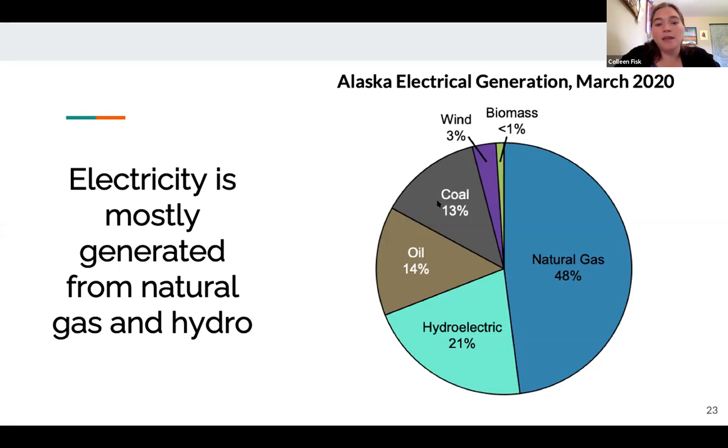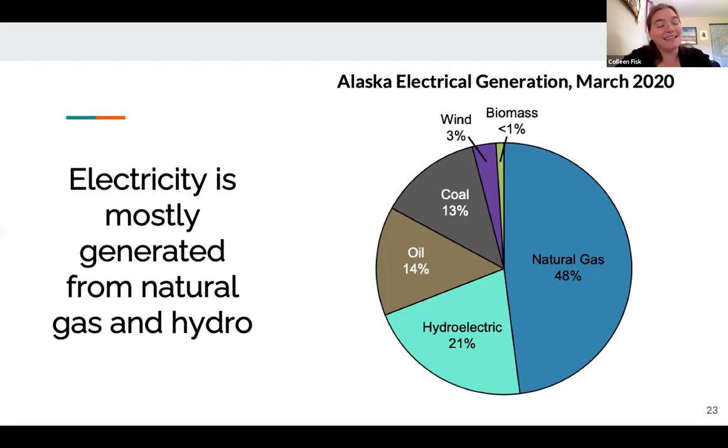And then the rest is oil, any of the diesel fuel communities, coal, like the Fairbanks area for their electricity production, a little bit of wind, a little bit of biomass, and solar, not producing enough yet to show up on this pie graph, but that is growing. Yep. So Brooke, let's answer your question. It is really that low, less than 1%, even less than biomass.